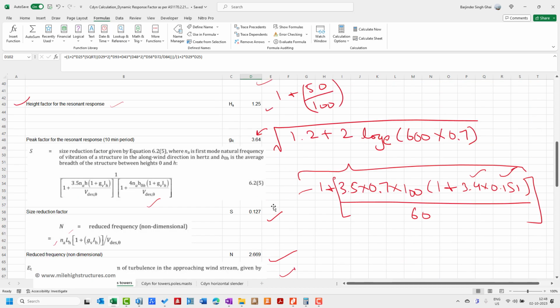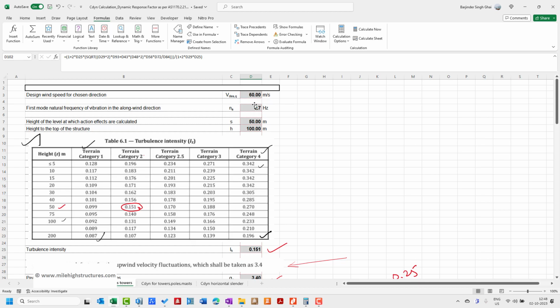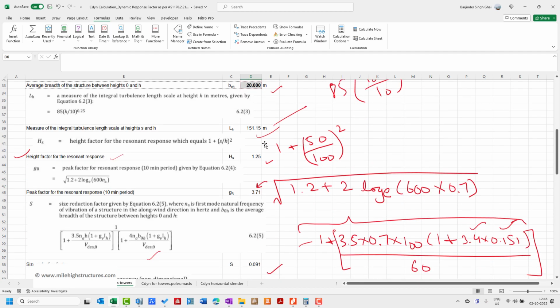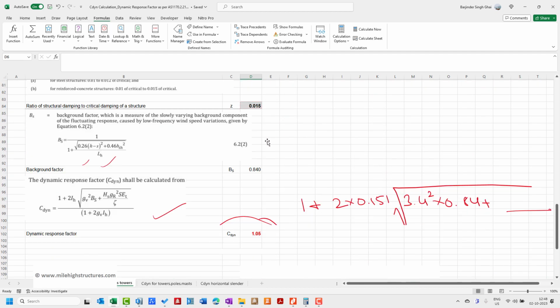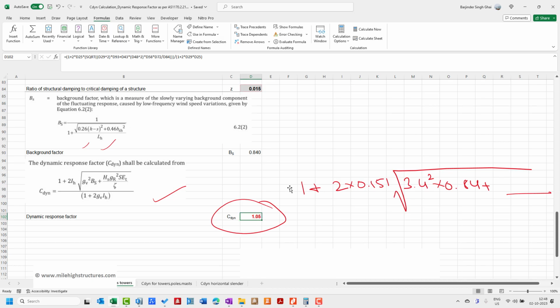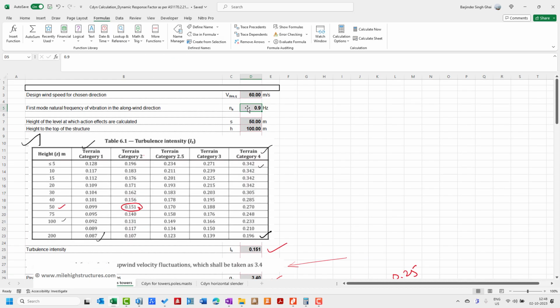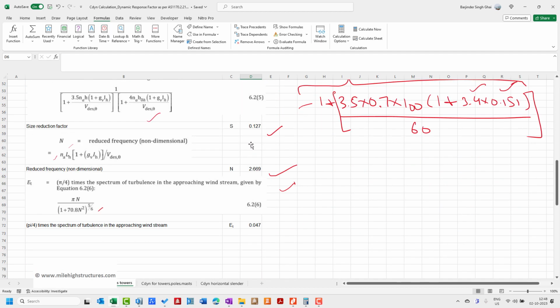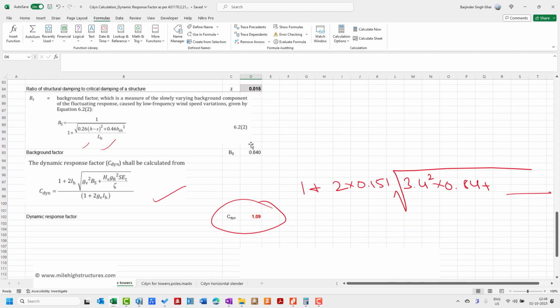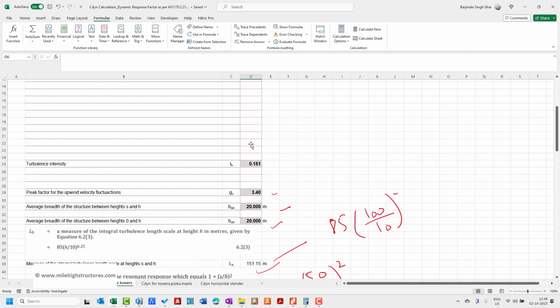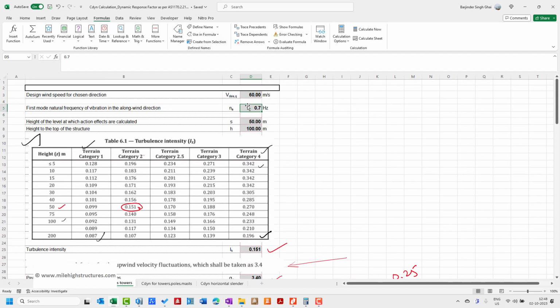After that, we can change other parameters also. Let us assume the frequency of the building is 0.9. For 0.9, the value of the Cdyn here is 1.05. And if the value here were 0.7, we would have 1.09. So obviously, as we decrease the frequency, we increase the time period, or we can say the building is getting taller.